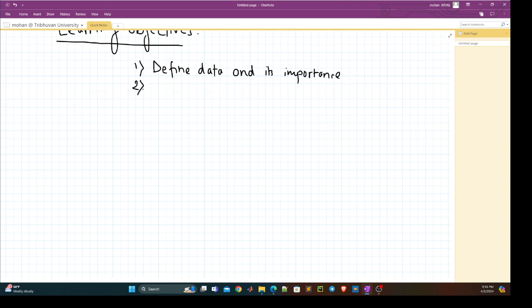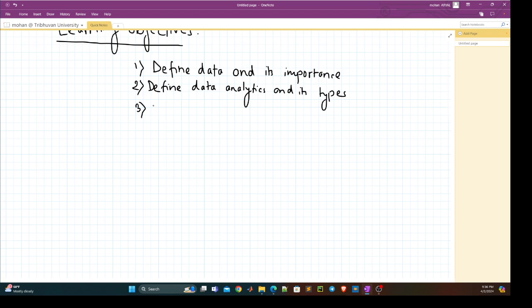And the second one is define data analytics and its types. And the third one is going to be explain why analytics is important in today's business environment, right?